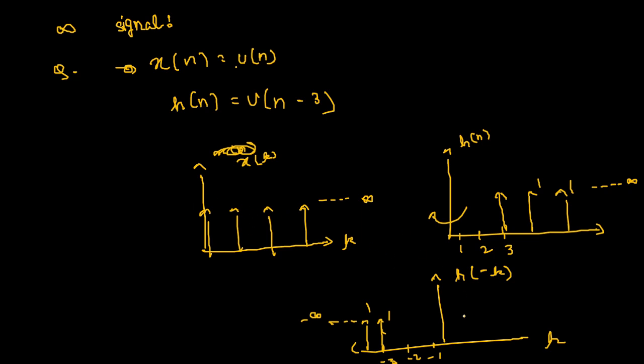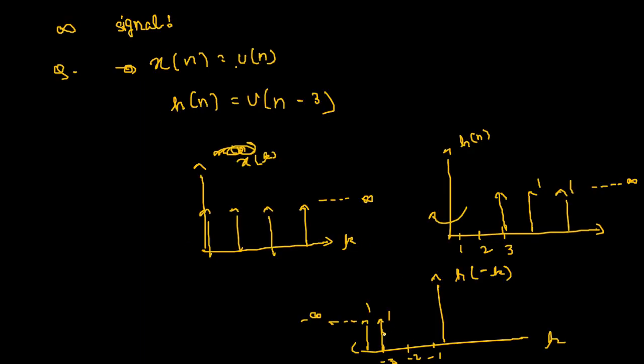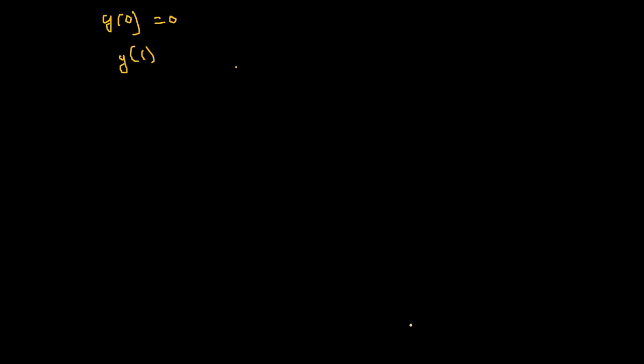At this point there is no common value between h of minus k and x of k, so the multiplication of these two will simply give us 0. Now for y of 1, we shift this 1 unit to the right, and it still remains 0 because there is still no common region. For y of 2, it remains 0 as well.